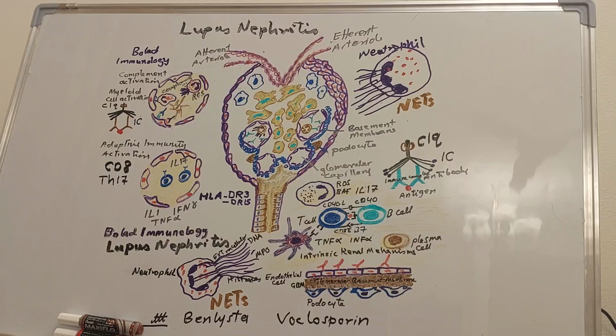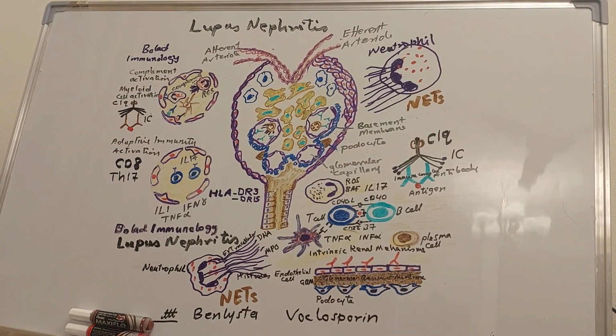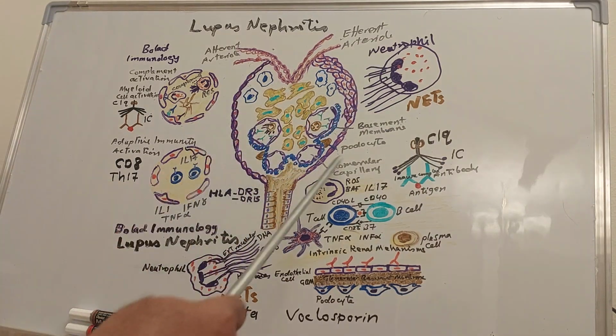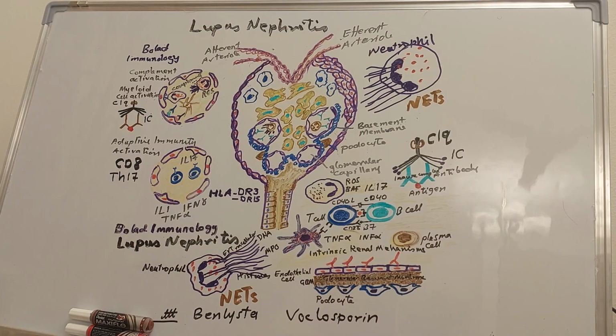And as you know, lupus nephritis is a type of kidney disease caused by systemic lupus erythematosus, which is an autoimmune disorder, and the kidney disease caused by lupus may actually get worse over time and lead to kidney failure.